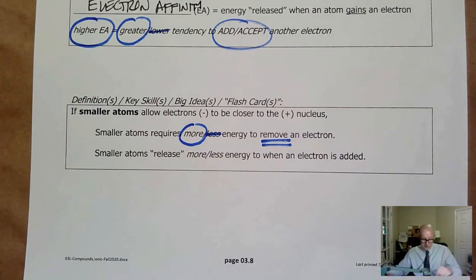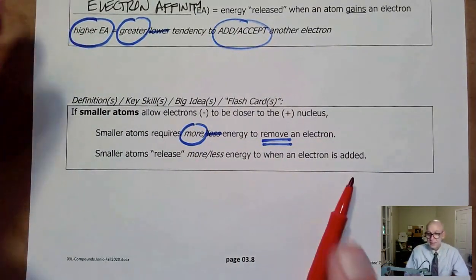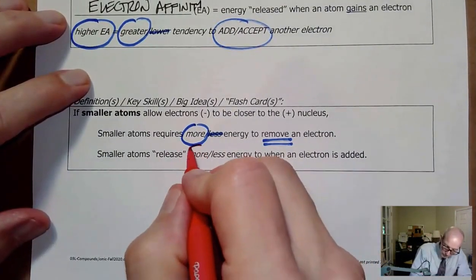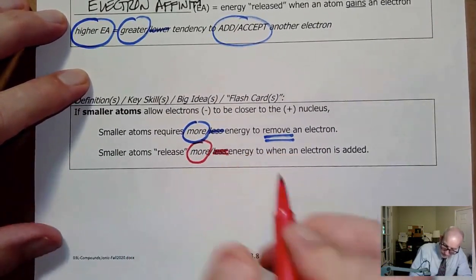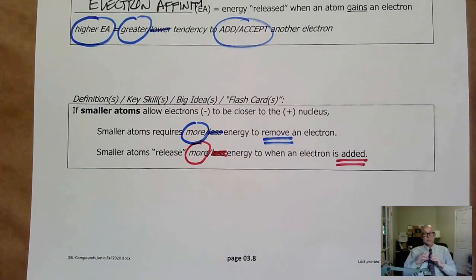Now, smaller atoms are happier to gain an electron. They get to have an electron come in really low energy and come in close to the nucleus. So they release more energy when an electron is added. So small atoms don't want to lose their electrons, but they kind of actually like to gain some electrons.